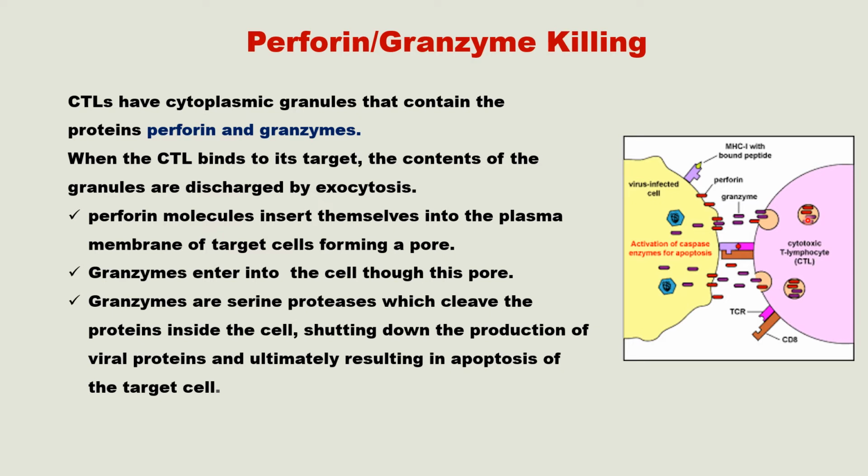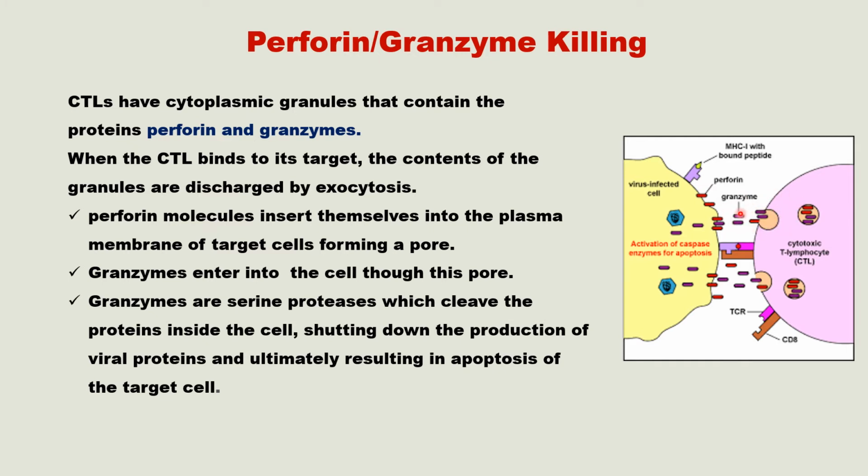granzymes. This cytotoxic T lymphocyte will recognize one target cell and bind to the MHC class 1 presented antigen. After that, what will happen? These perforin and granzymes are released out by exocytosis.